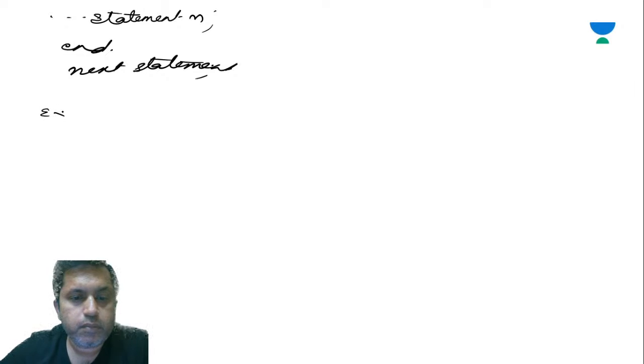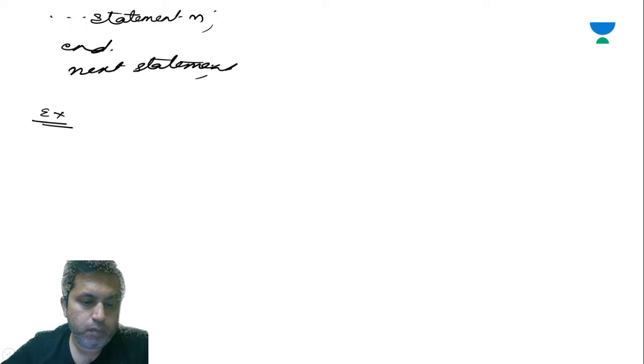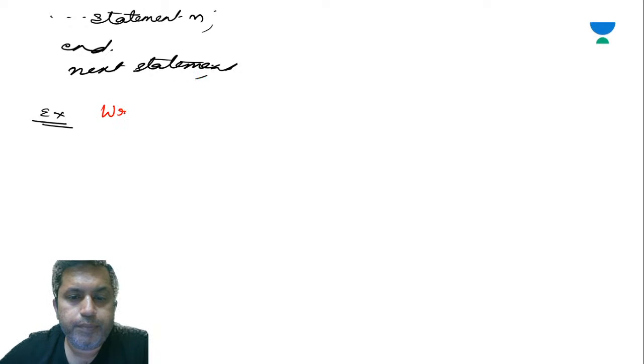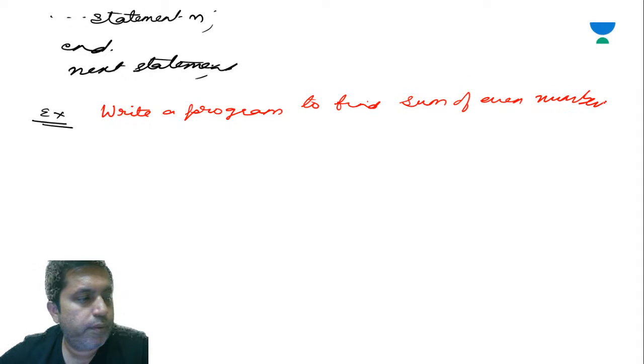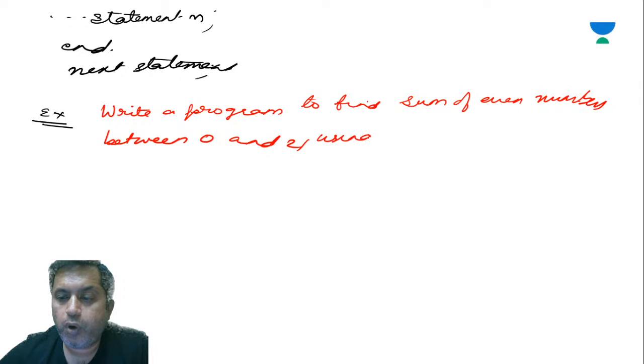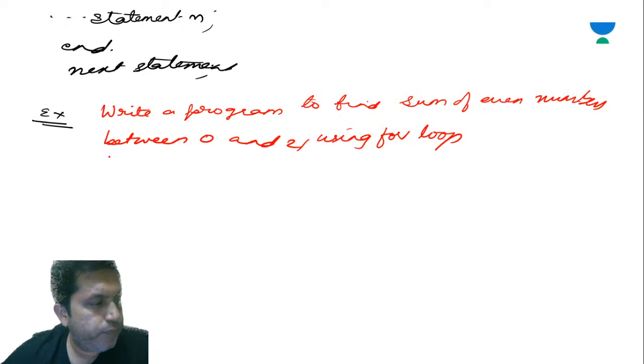Example: write a program to find the sum of even numbers between 0 and 21 using for loop. Okay, so what will be the program?